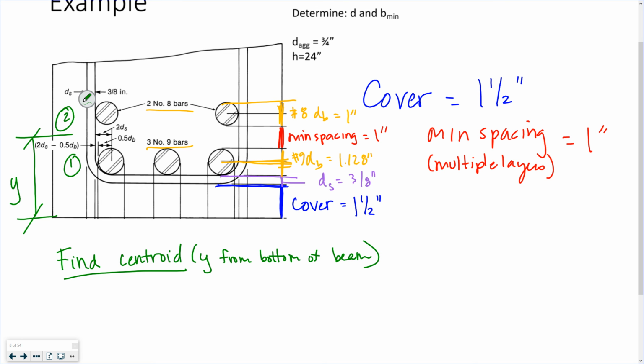So Y is my area of layer 1 times my Y of layer 1 plus my area of layer 2 times my Y of layer 2, divided by area 1 plus area 2.